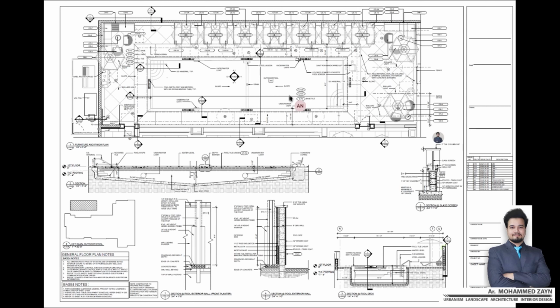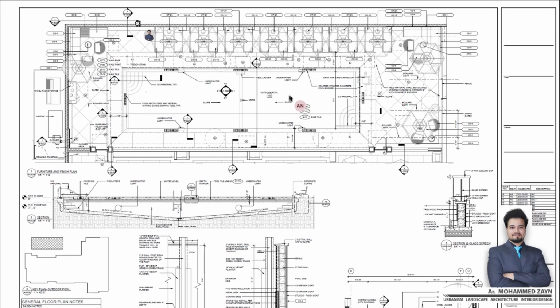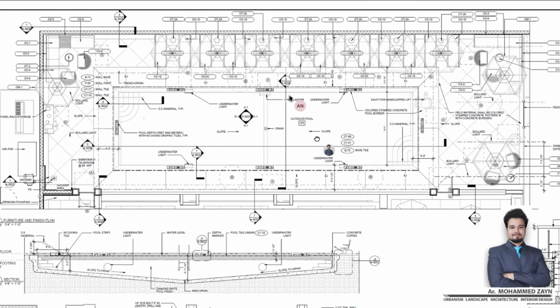Yeah, we'll see this example of an enlarged plan. As I explained in the overall plan, this is an outdoor pool area. Now in here you can see each and every piece of furniture is tagged. So this is the exact layout that we have seen in the overall plan. This is just an enlarged part cut out of the plan and put in here, so that our ideas are clearer about the layout and how the construction is going to happen.